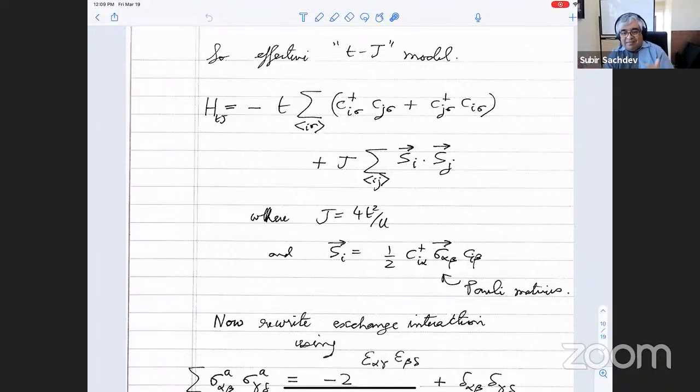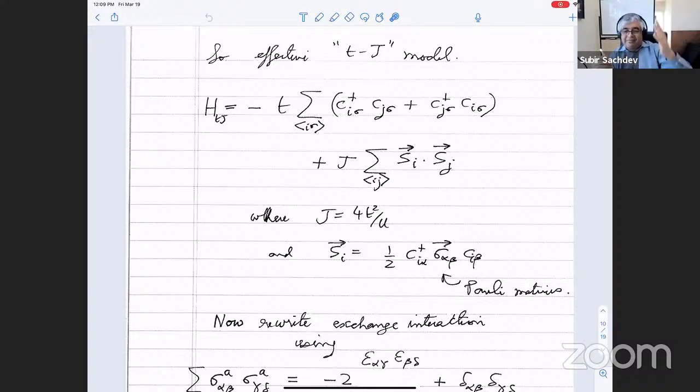Any state is a legal state, and that gives you the full Hilbert space. The total number of states, if you think in the grand canonical ensemble, is 4 to the n, where n is the number of lattice sites, because on each site you can put an empty site, spin up, spin down, or doubly occupied.